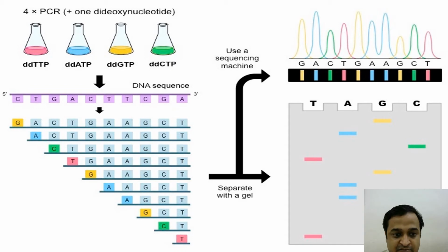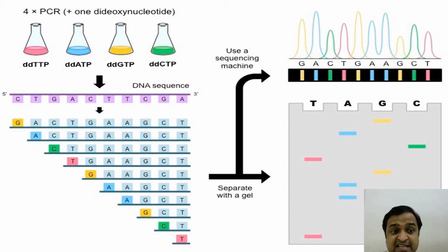The second contains all the PCR components along with dideoxy adenine triphosphate. The third contains all the PCR components along with dideoxy guanine triphosphate. The fourth contains all the PCR components along with dideoxy cytosine triphosphate. So these are the 4 components.